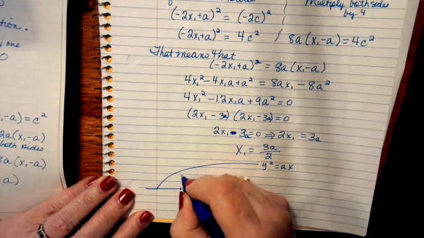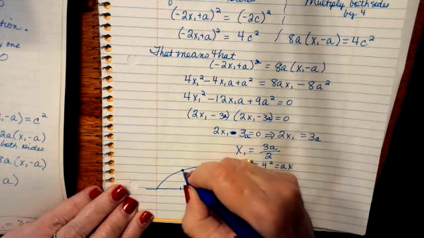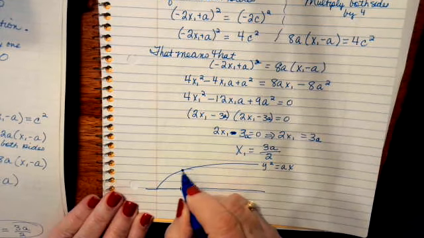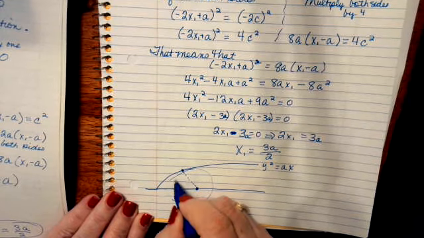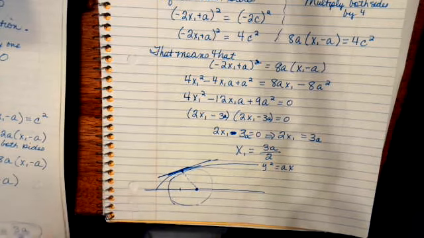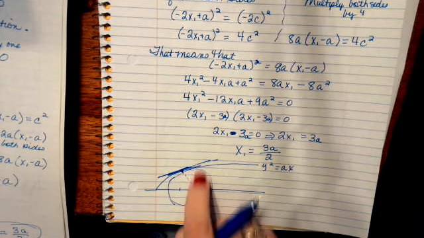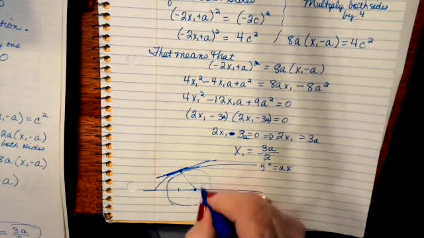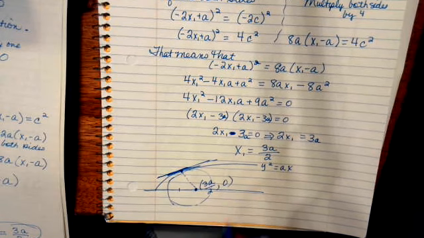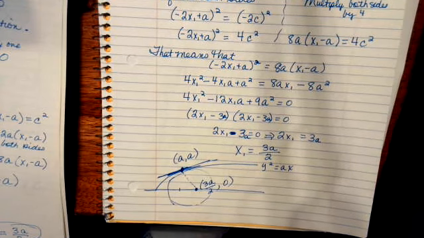Here's the point (a, a). Draw in that radius of my circle. There's my circle. Draw in the tangent line at that point. There's my tangent line. Now, how would I find the slope of that tangent line? Well, I know this is the point 3a over 2, 0, and I know this is the point (a, a).